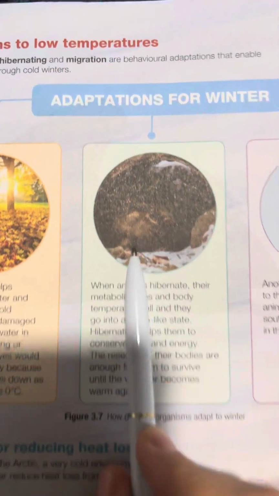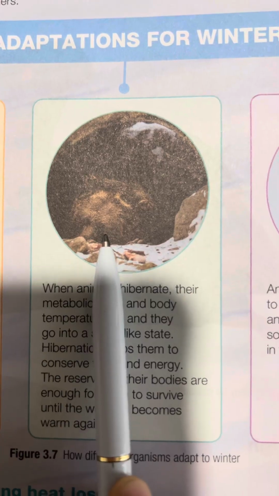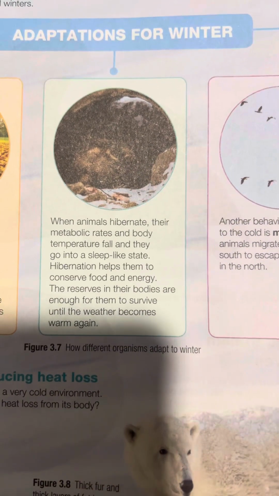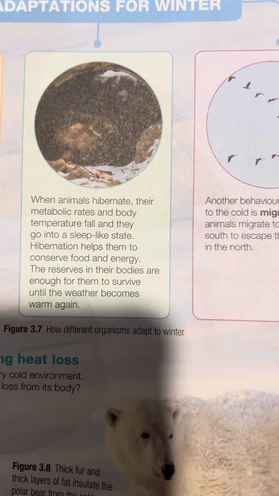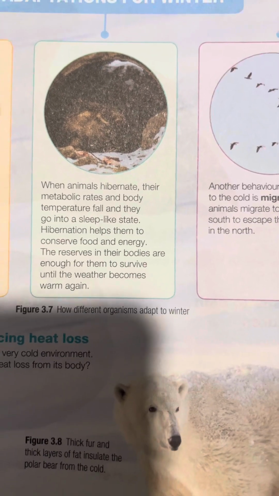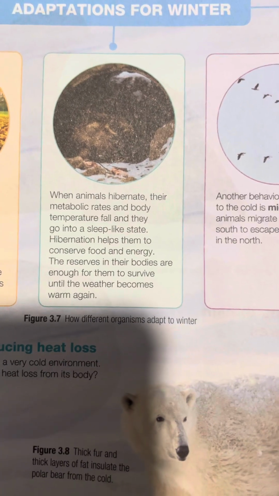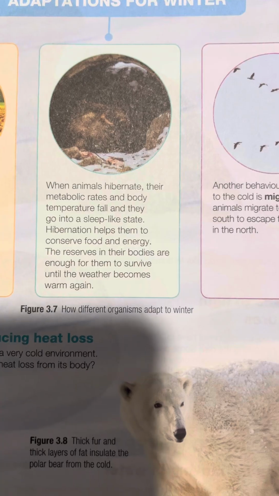Or this sleepy bear. It has decided that it's too cold outside, so let's take a nap till the rest of the winter. This is called hibernation. Hibernation is going into a sleep-like state in winter to avoid the harsh weather.